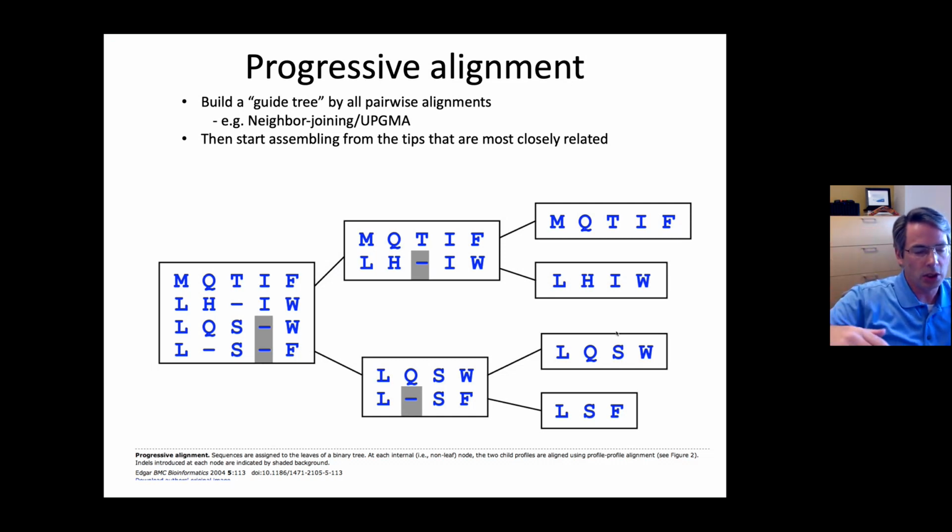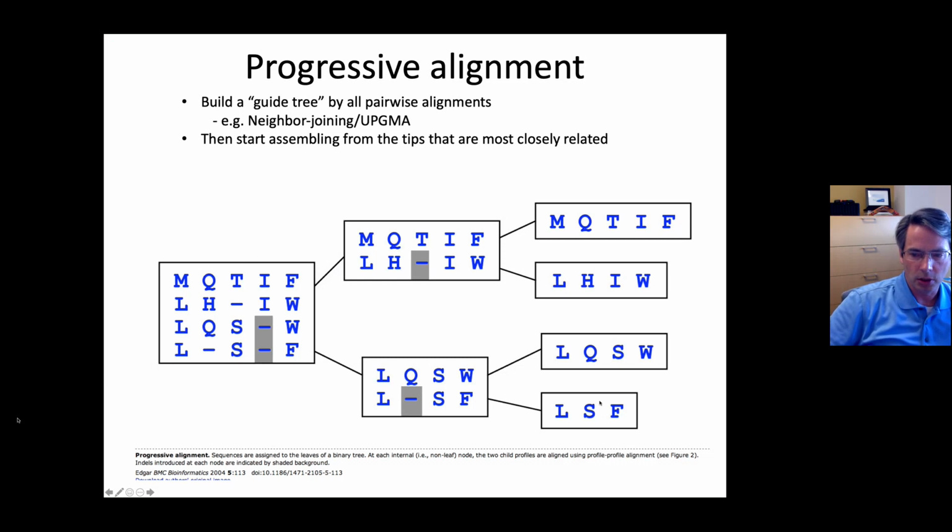And then that gives you this neighbor joining, or I forget what UPGMA is an acronym for, but these are both using that matrix of overall similarity between the sequences to say, okay, align these two things first because they are the most similar to each other in this 4-sequence example.